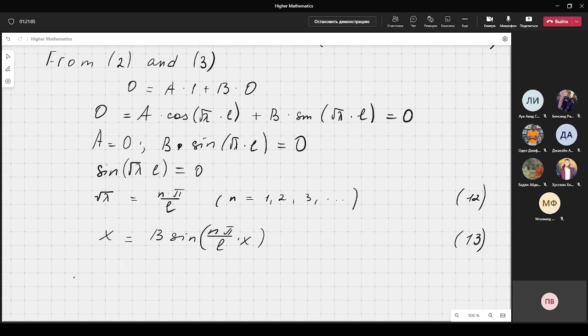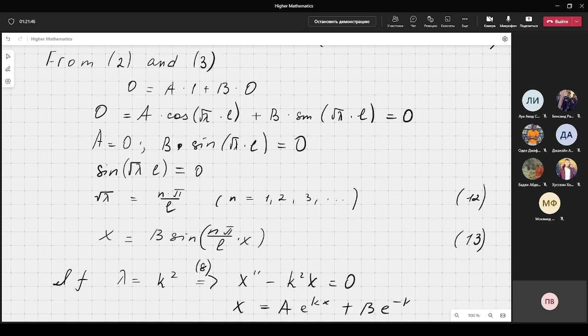If in place of minus lambda we took the expression lambda equals k squared, then equation 8 would take the form X'' minus k squared X equals 0. The general solution of this equation is X equals A times e to the power of kx plus B times e to the power of minus kx.